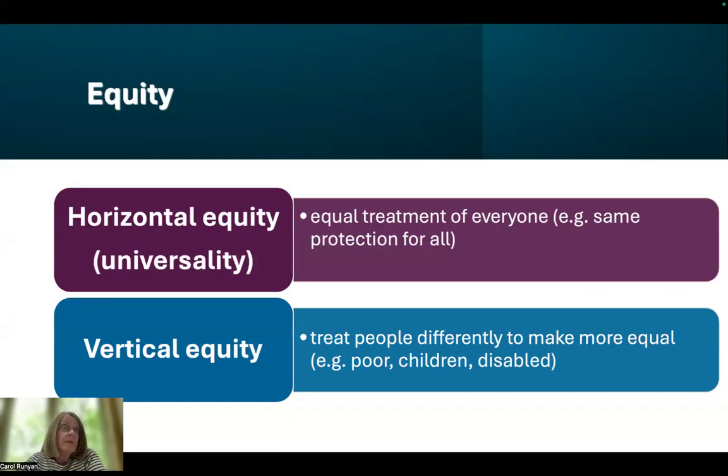That's easier for some things and appropriate for some things, whereas other things, to achieve vertical equity is important, and is an important element of achieving some of our public health goals of non-discrimination. So, things to think about. And sometimes you'll use one, sometimes you'll use the other. And you may try to implement elements of each.